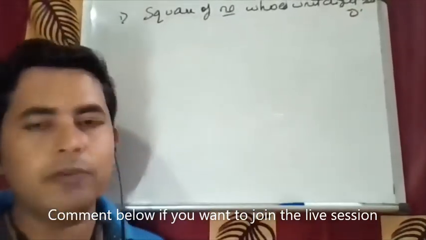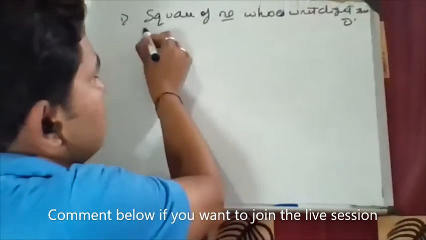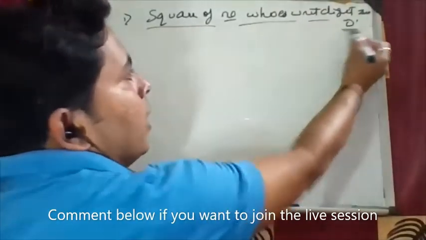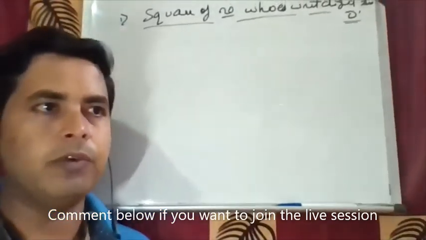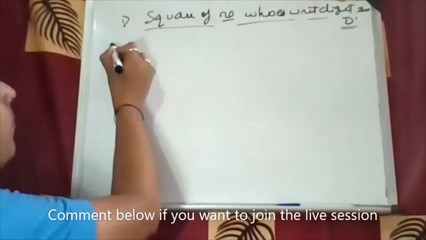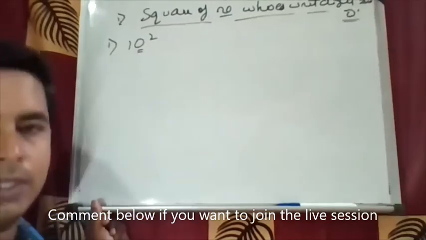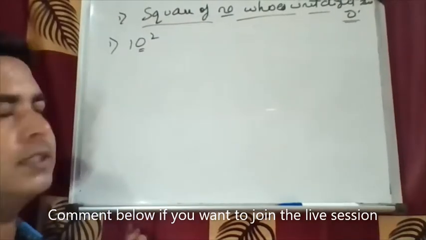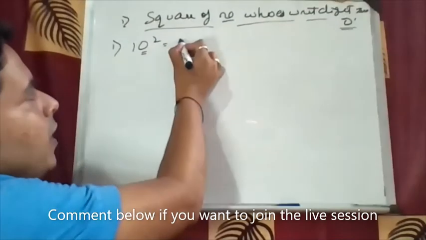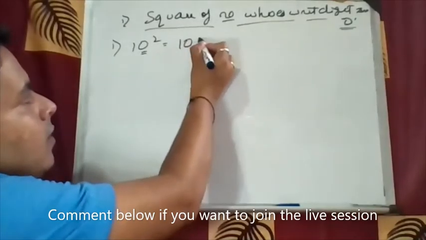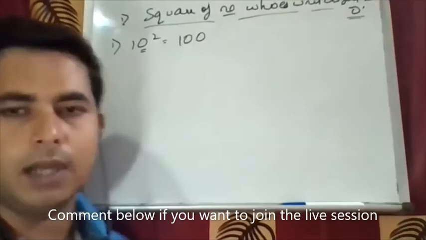So the first rule, if any number contains a 0. For example, I know 10 square, where the unit digit is 0, and 10 into 10 is 100.